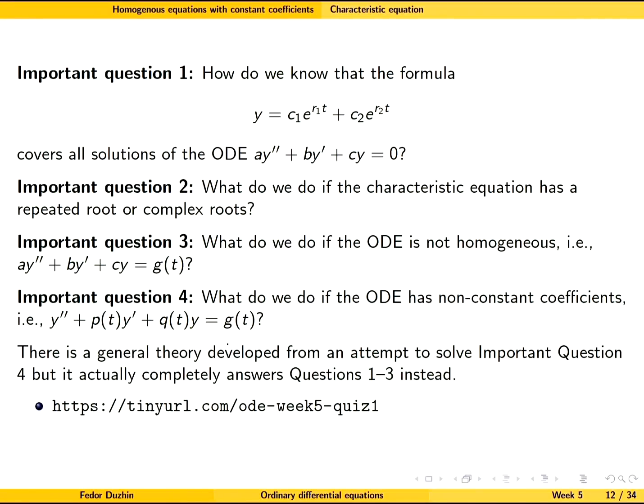But that general theory can actually be used to completely answer important questions 1 to 3. Although we will not be able to solve linear differential equations with non-constant coefficients, that's impossible, sorry, the attempt to do it provides other answers.